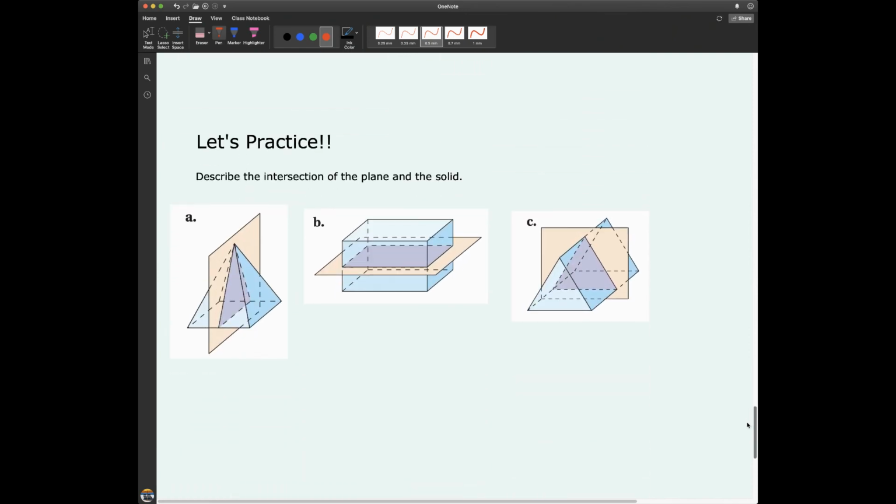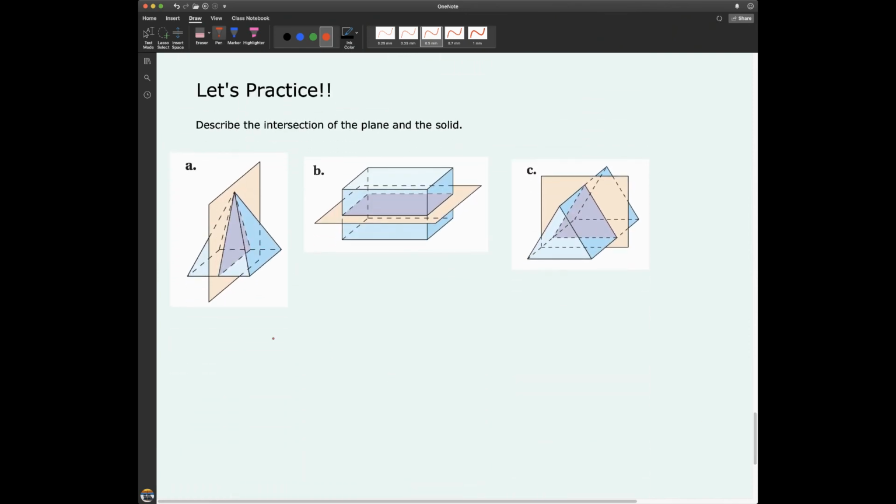So let's look at a couple of these. Describe the intersection of the plane and the solid. So the plane is intersecting what looks like a pyramid. And the way that it's intersecting the pyramid, the purple shape is a triangle. Told you I could do it.